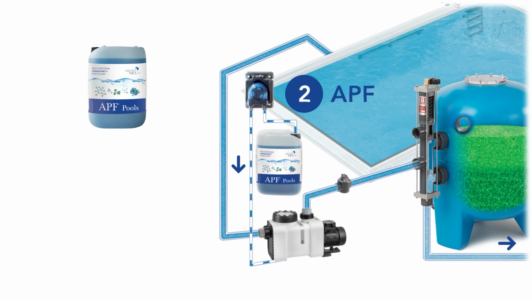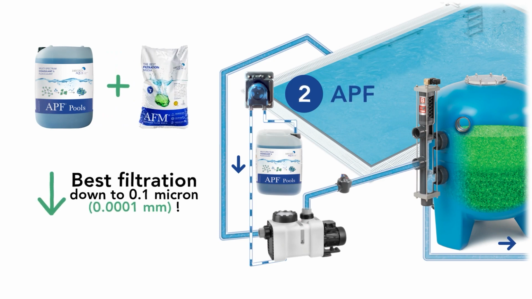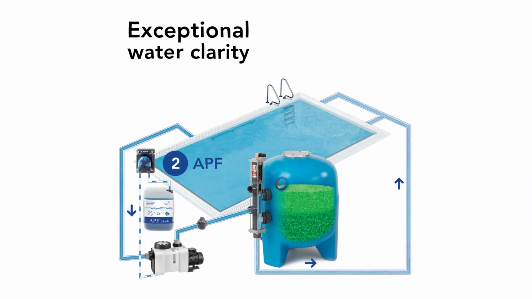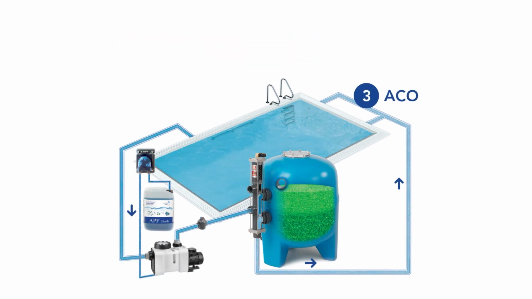APF removes all vital nutrients required for algae and bacterial growth, and, in combination with AFM, allows you to achieve the best possible filtration efficiency down to 0.1 micron. As a result, pool water becomes crystal clear, while chlorine demand is reduced by 50 to 80% compared to a traditional system. Step number 3.